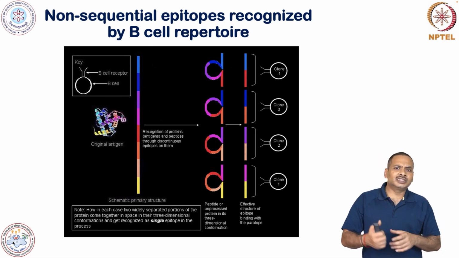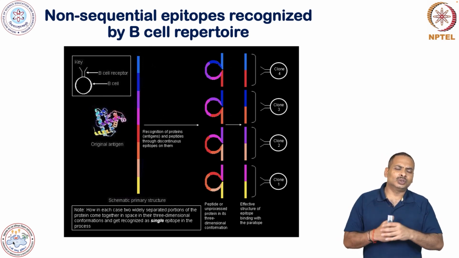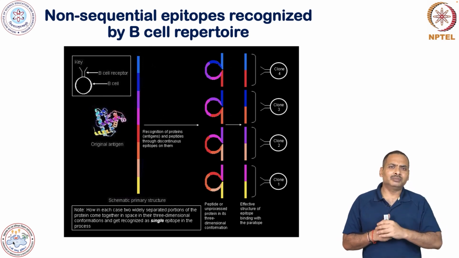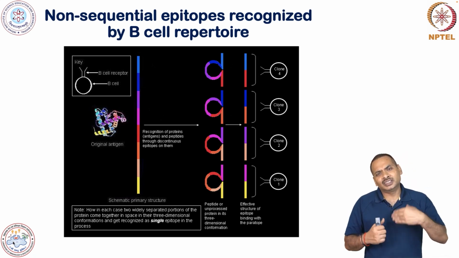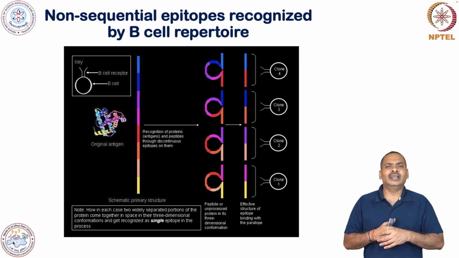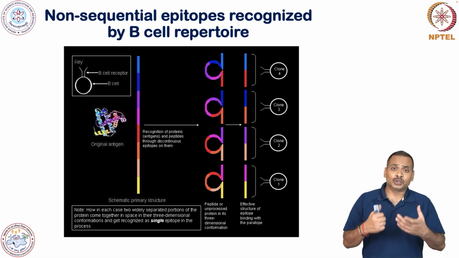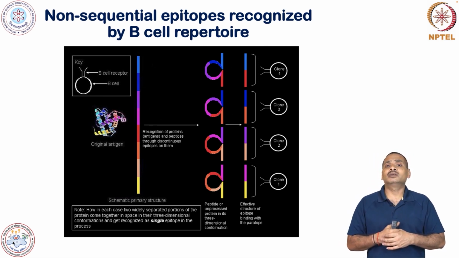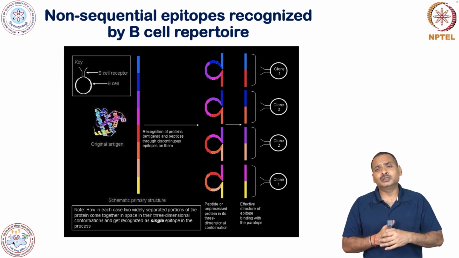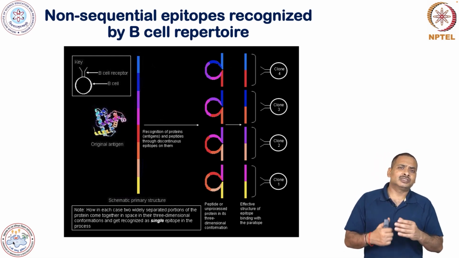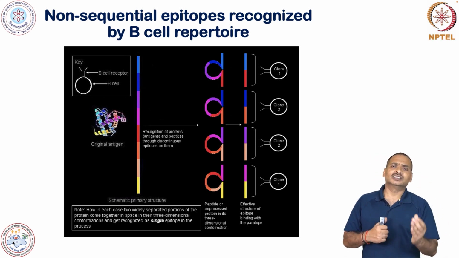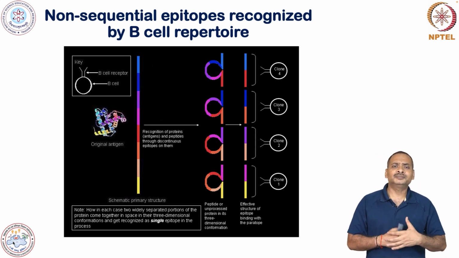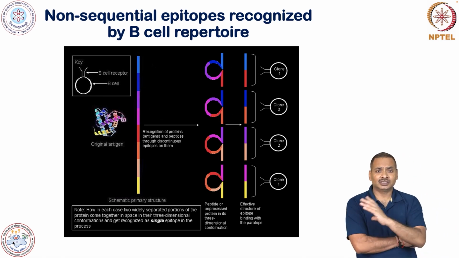So just remember that the mixture of antibodies generated against a particular antigen, particularly a proteinaceous antigen, consists of both types, which can recognize sequential as well as non-sequential epitopes. Please remember this, it is very important.